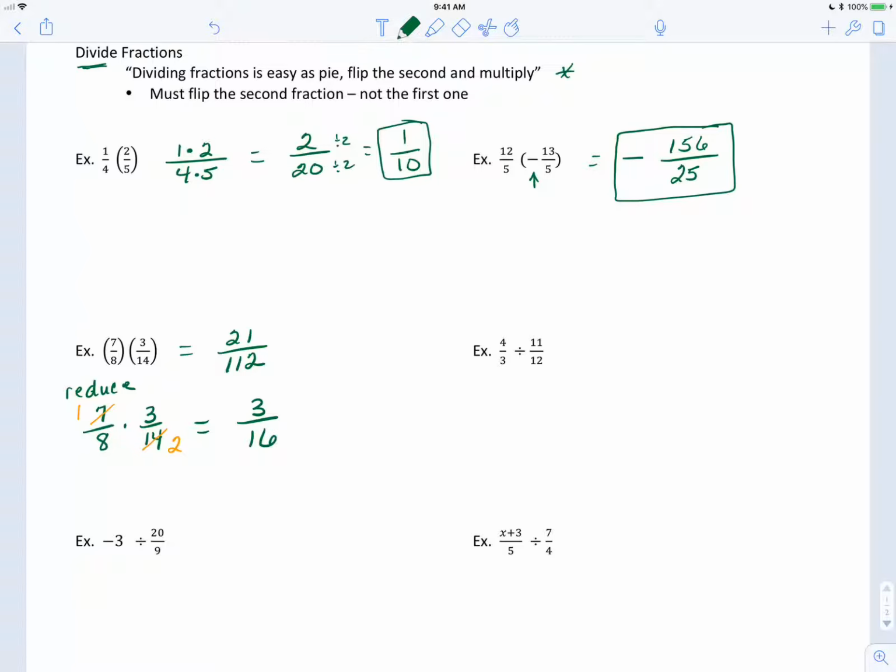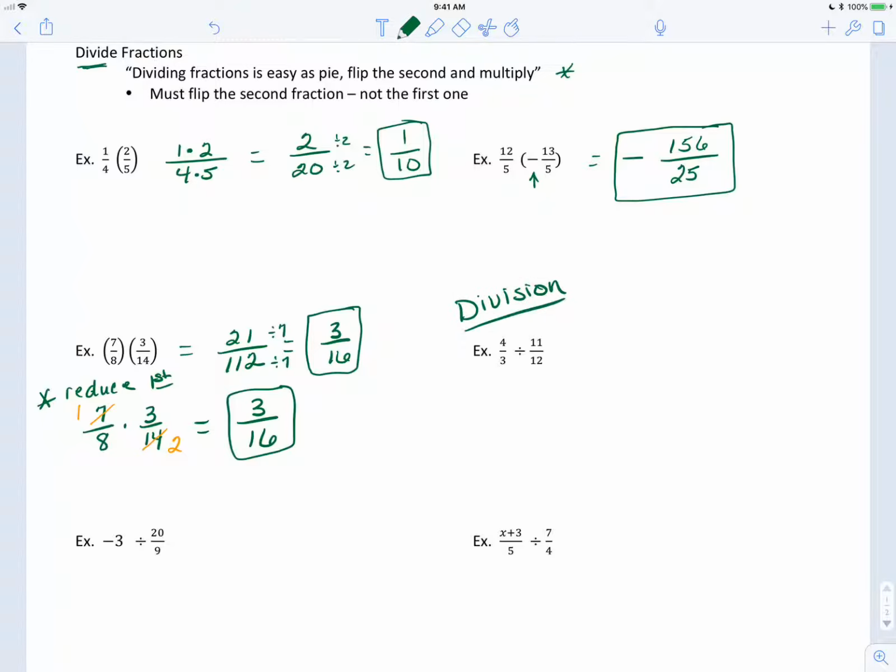So 21 over 112 should reduce down to 3/16, which looks like both of those would be divisible by 7, which would be a hard one to find, and so that reduces to 3/16. And so sometimes if I reduce first, then you get that answer in a smaller form to possibly be reduced. Okay, so let's do some division.